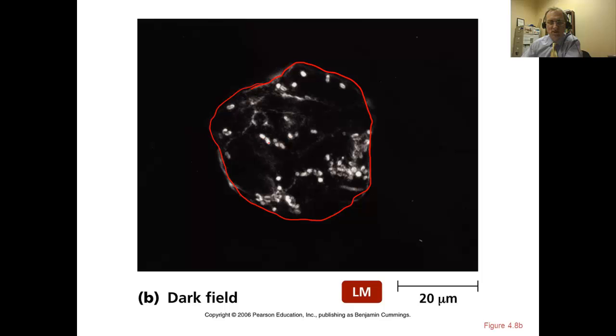Dark field microscopy is particularly useful for looking at living cells that might be moving, and white things would be very easy to spot. The movement of cells on a dark background would be extremely easy to see. Dark field's main use is that it's fast, and you're able to spot movement pretty easily with it.